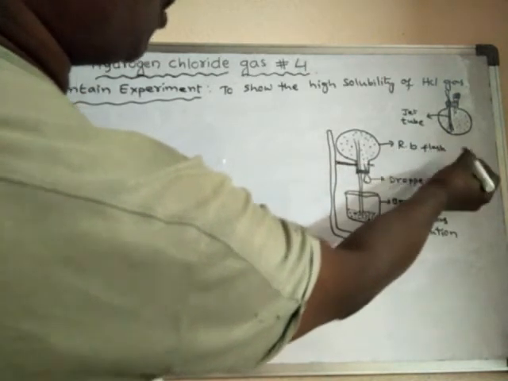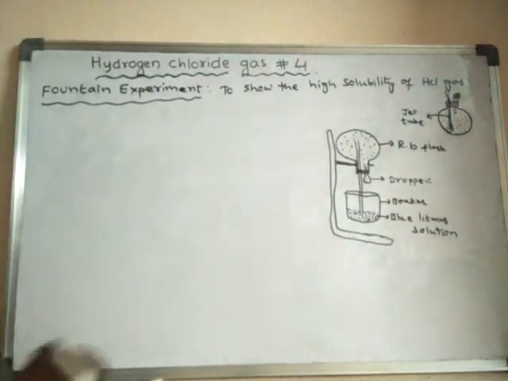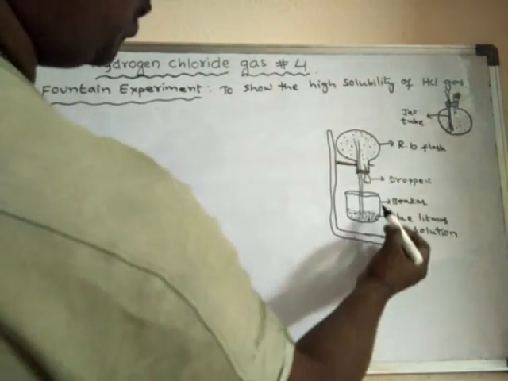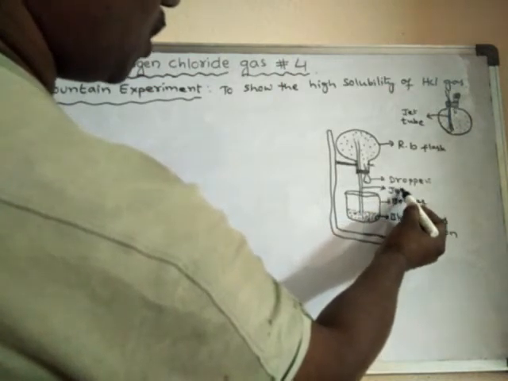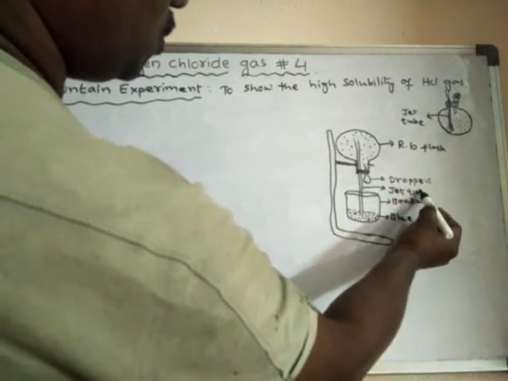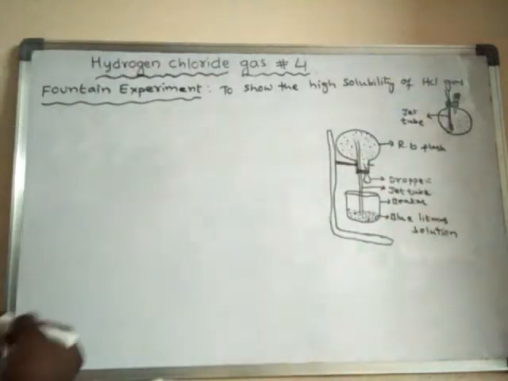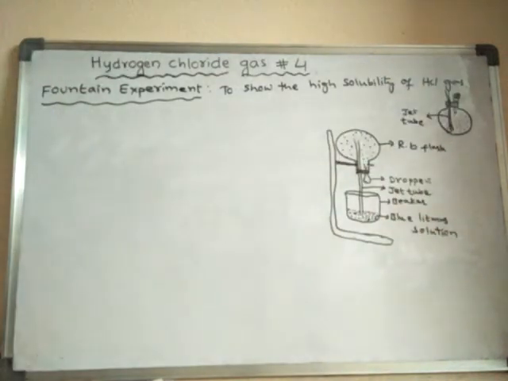RB flask means round bottom flask. And this is the jet tube. So like this, the apparatus can be explained.